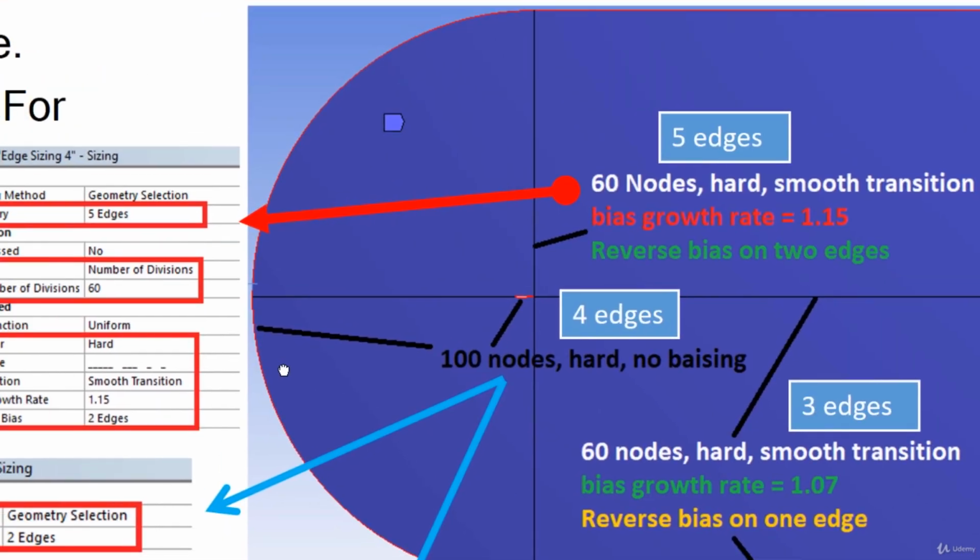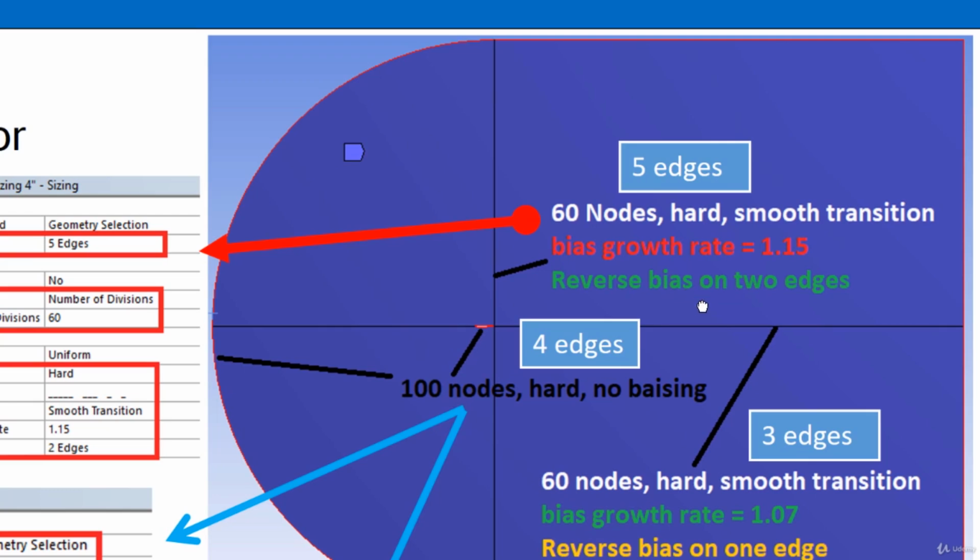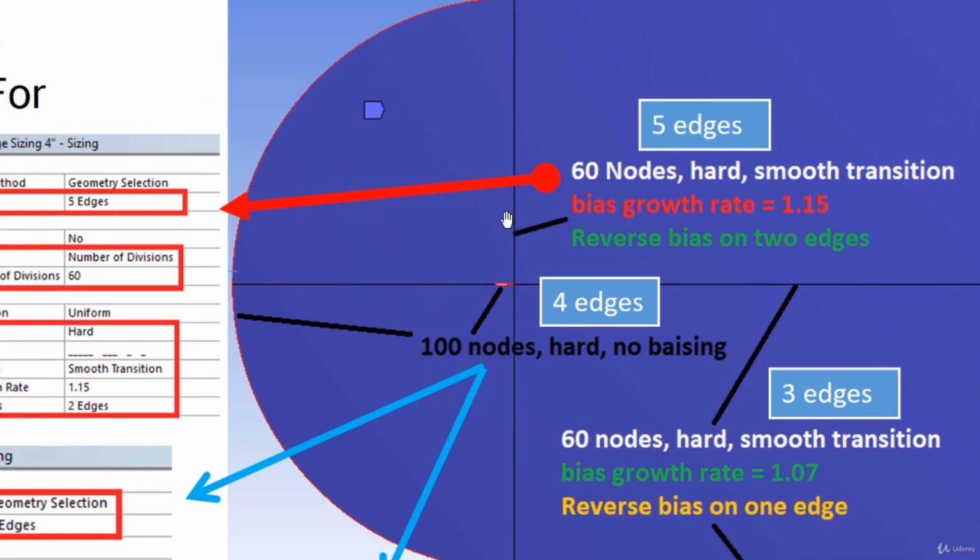Hard will impose that whatever sizing, growth rate and biasing we are setting will be implemented forcefully. The bias growth rate is 1.15, and we reverse the bias on the two edges where the grading should be towards the airfoil but they are on the opposite side, so we have to reverse the bias on those edges only.